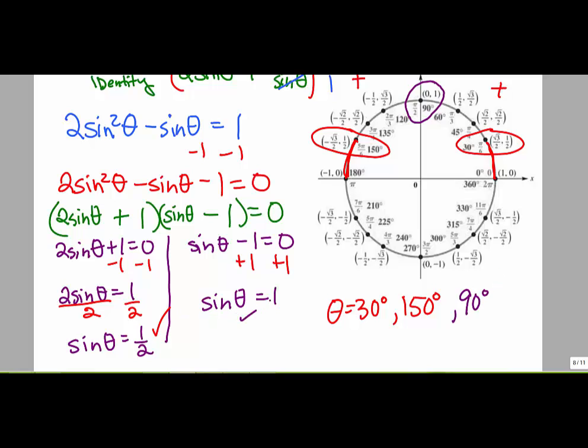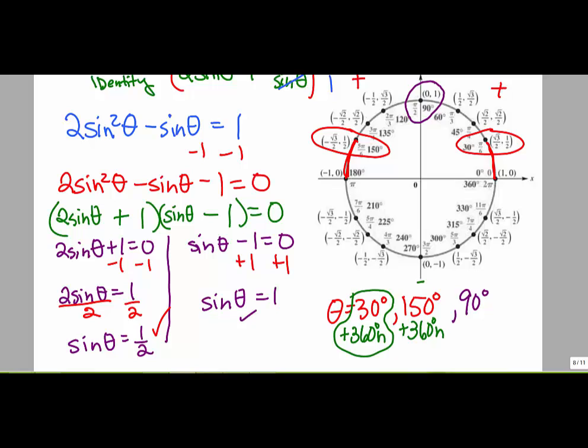So we end up with 3 solutions for those 2 linear equations. And we're asked to find all possible solutions. Now these 3 solutions are not equally spaced around the unit circle. 30 and 150 are not halfway around the circle from each other. So in order to give all possible solutions, we're just going to take each one of these angles and add 360.